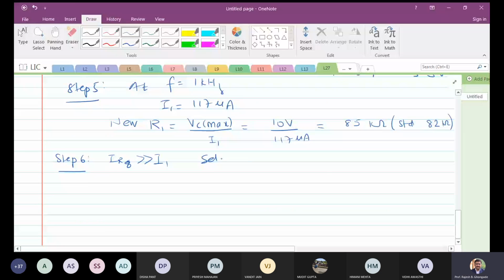So I can calculate the value of R8 as Vsat on one side, VC max on the other side of this R8, divided by IR8. That will be 14 volts, Vsat is 14 volts minus 10 volts, divided by 1 milliampere. I get 4 kilo ohms. Use standard 3.9. Step 7.